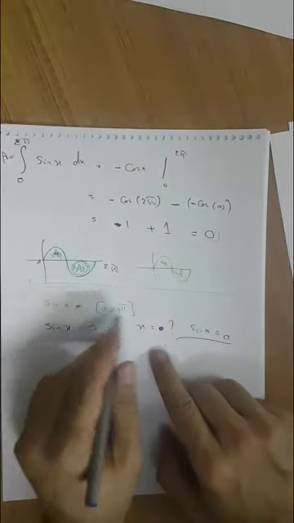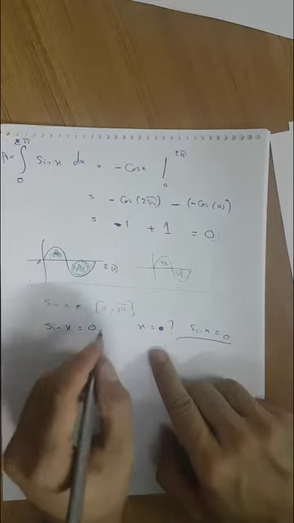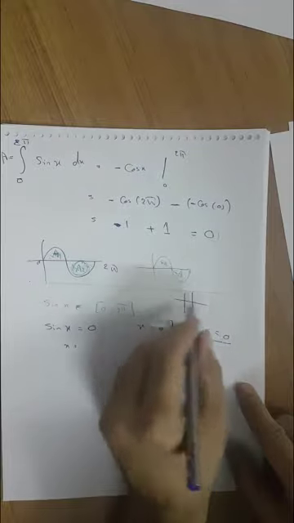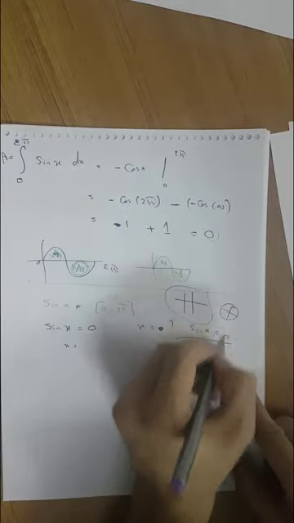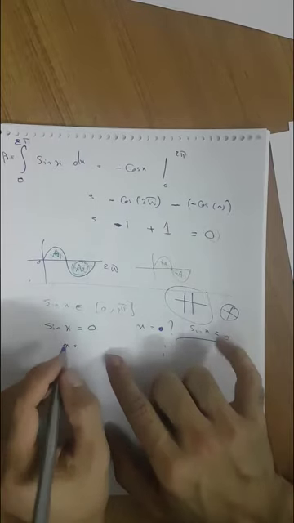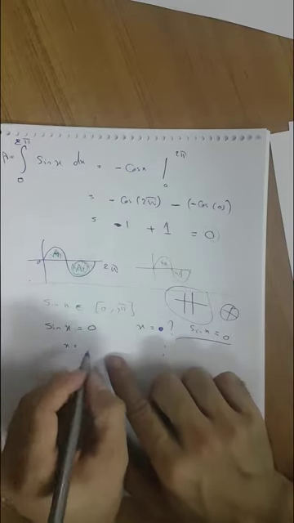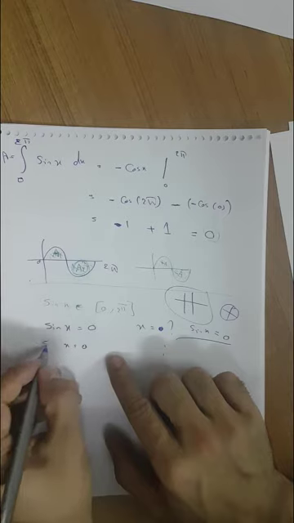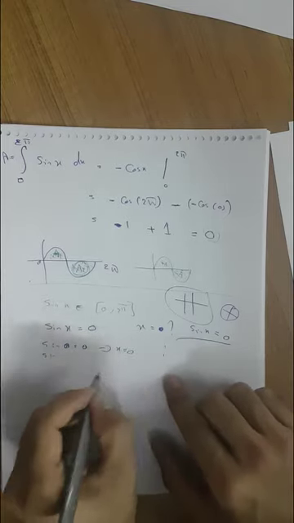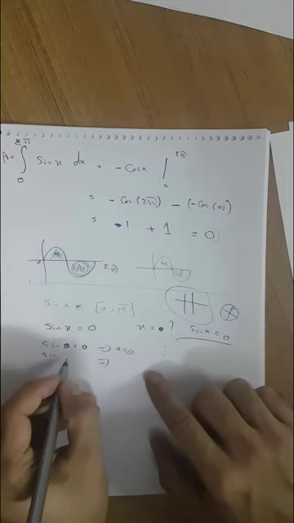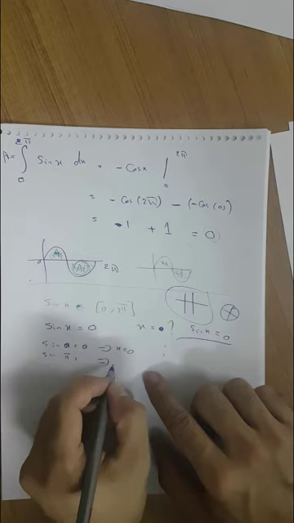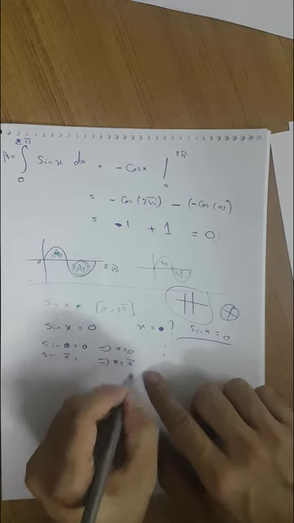So now, where will sine of x be 0? Please use the table and the unit circle from chapter 1 that I gave you. Sine of 0 is 0, which means x is 0. Sine of pi is also 0, so x equals pi.